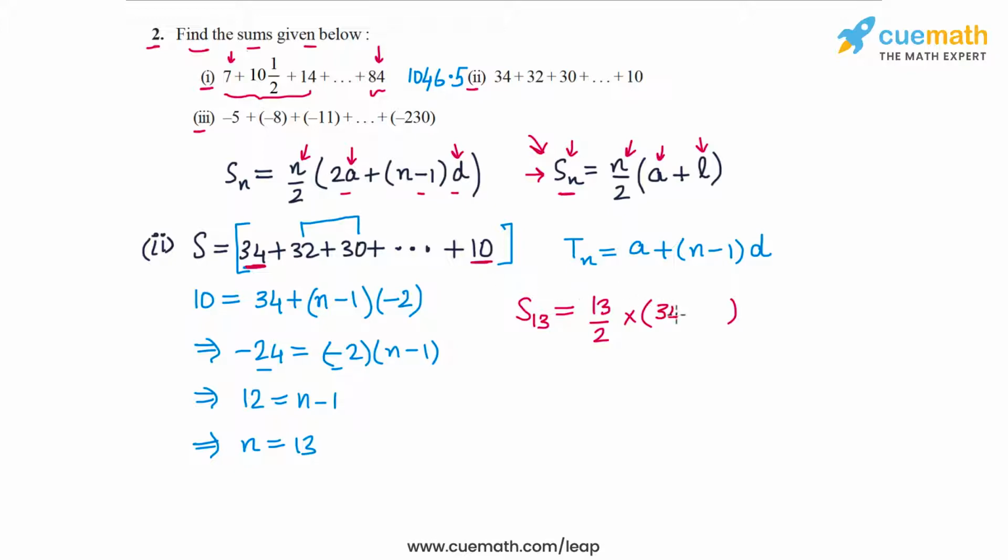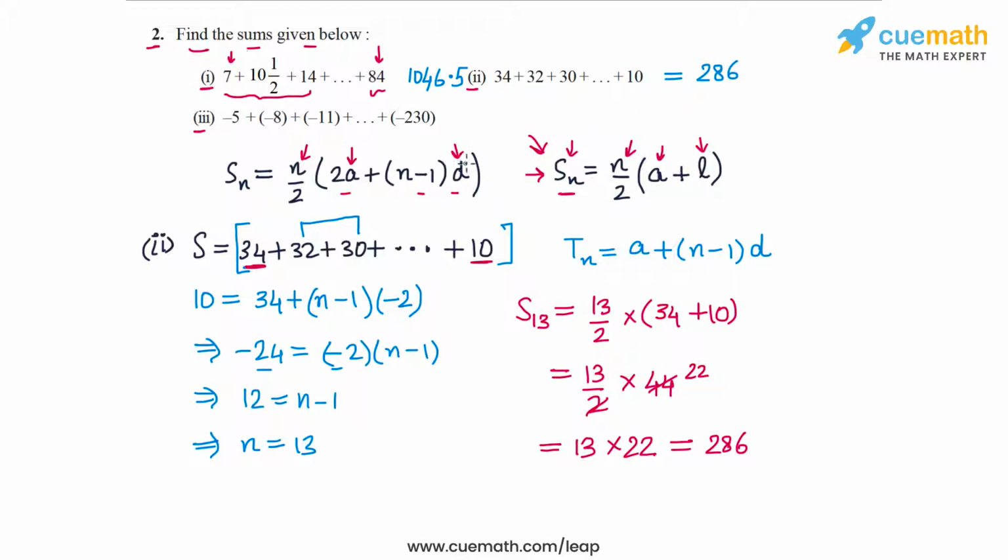So 13 by 2 into 34 plus 10, which is 44. If we divide by 2, we get 22. So 13 times 22, and 13 times 22 is 286. So the sum in part 2 is equal to 286. That completes part 2.